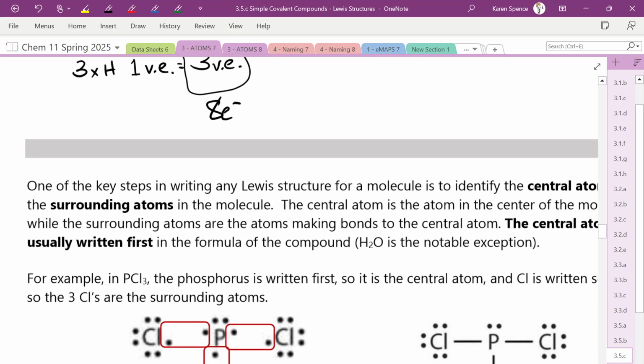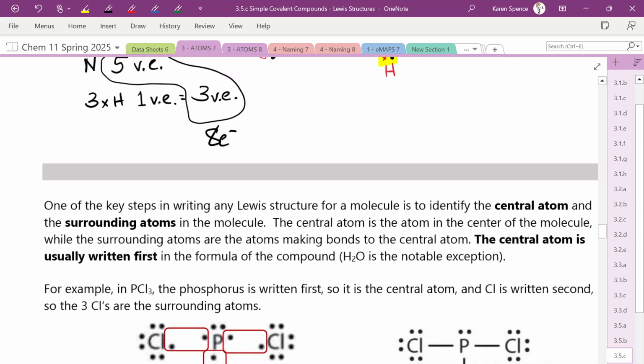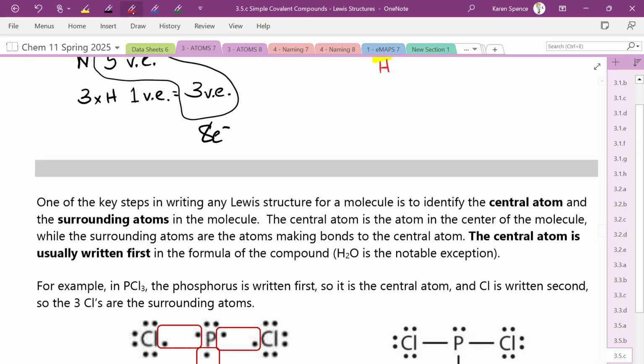One of the key steps in writing any Lewis structure is to identify the central atom and who are the surrounding atoms. There are a few tricks to figure out who is the central atom. Number 1, can hydrogen be a central atom? Can it go in the middle?